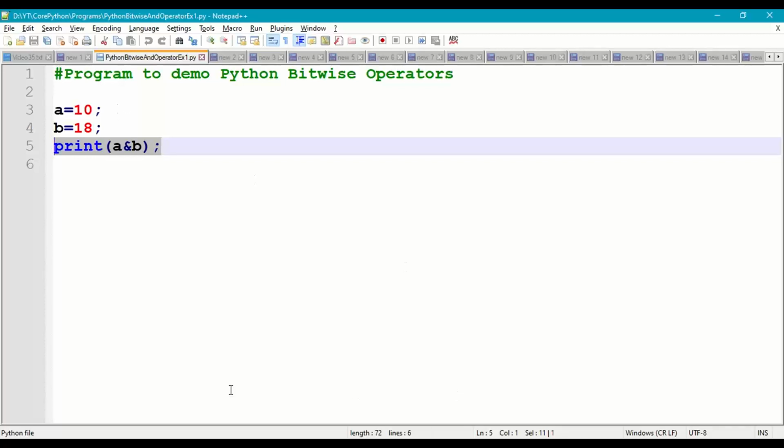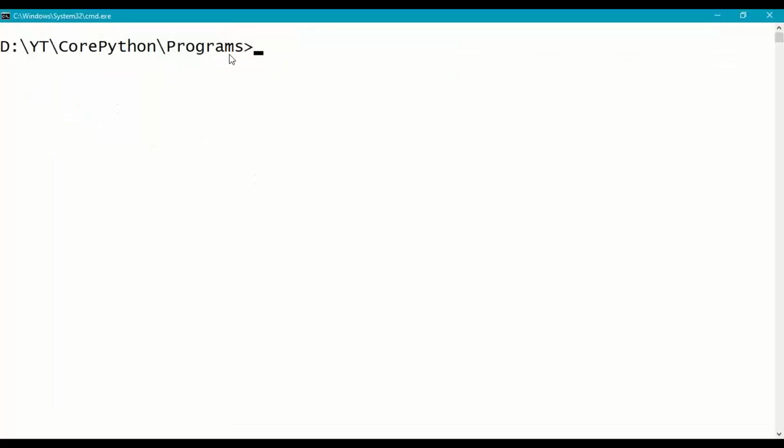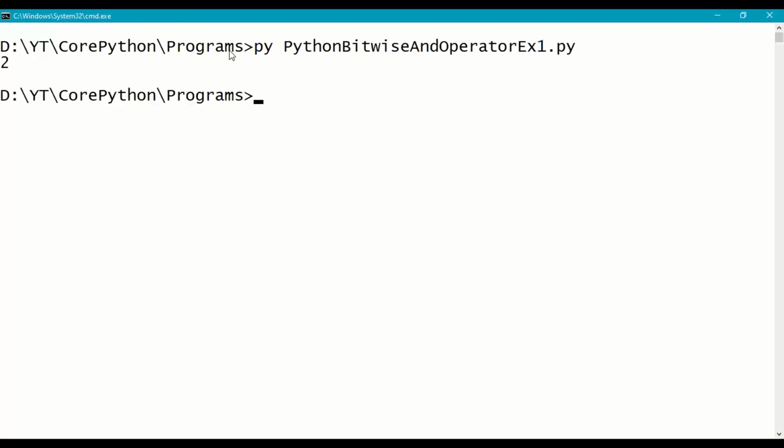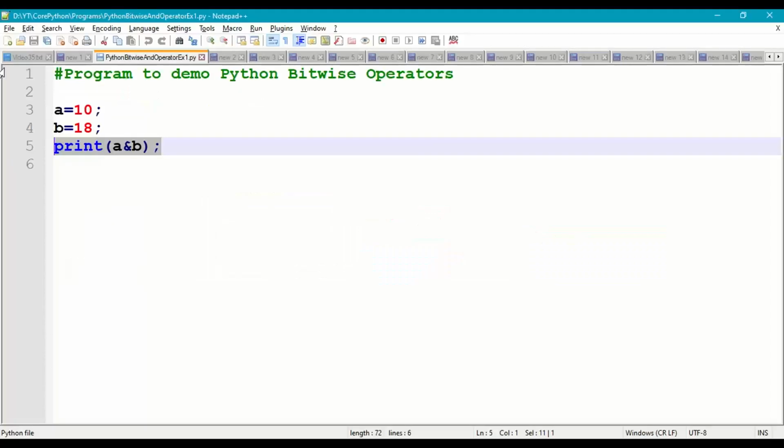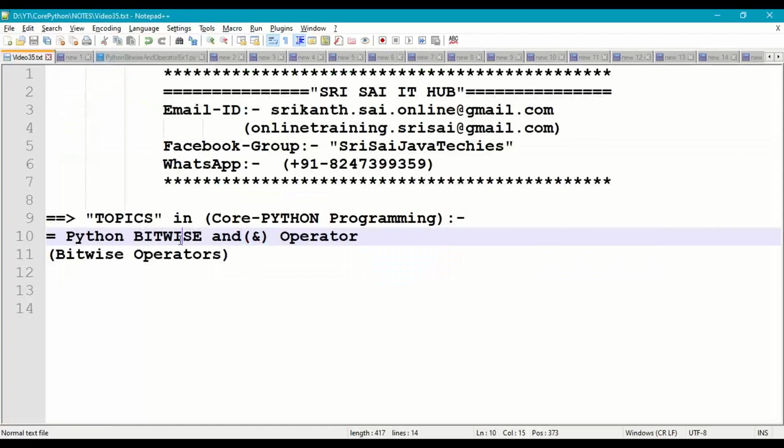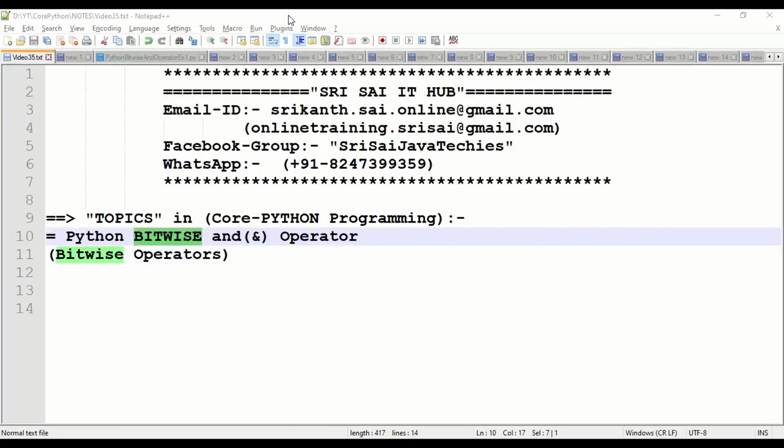Save this, come to the prompt where you have saved the program, and run py bitwise_operator_example1.py. For 10 and 18, the answer is 2. So this is how the bitwise AND operator is used to perform operations on bit levels of given numbers.